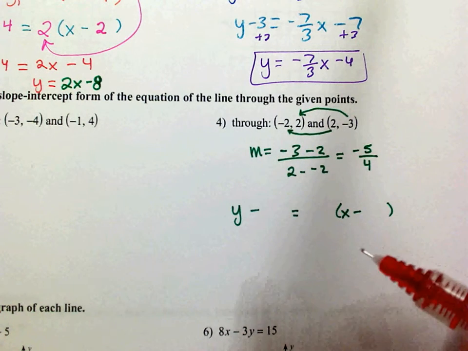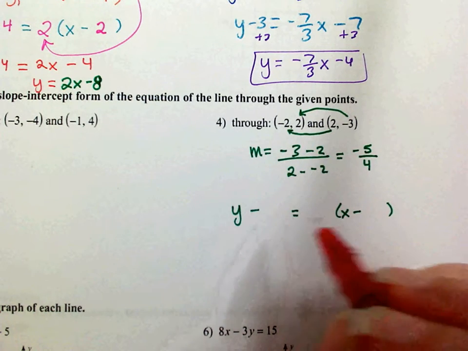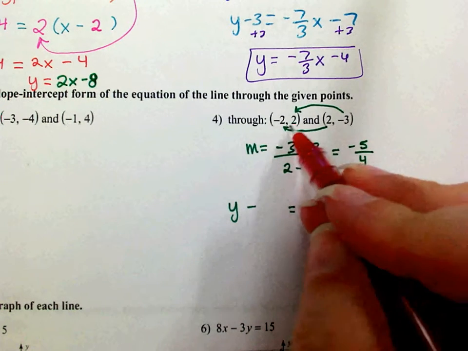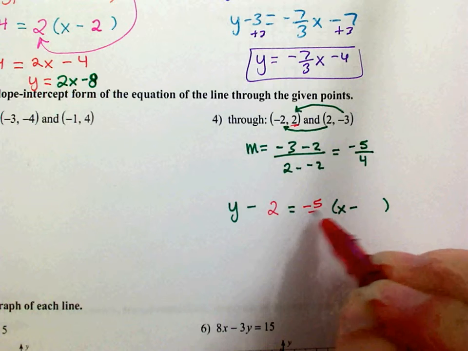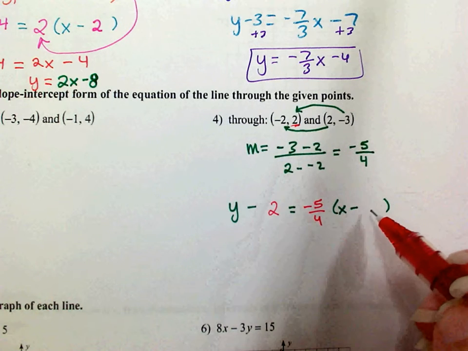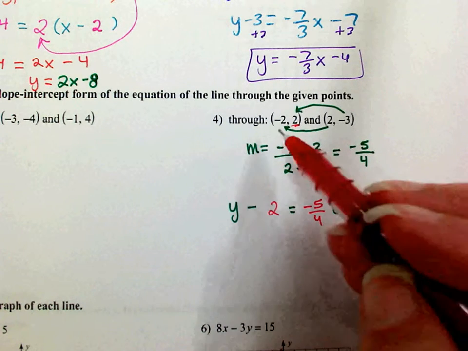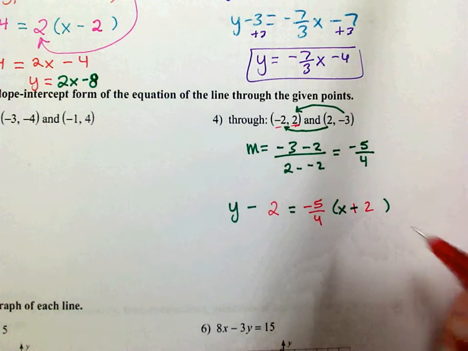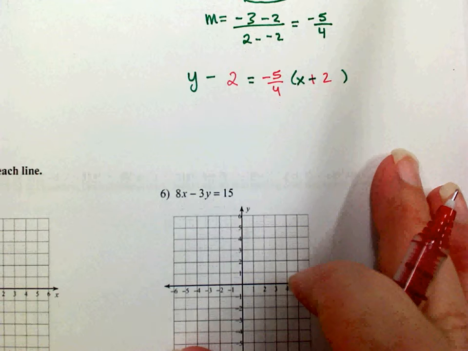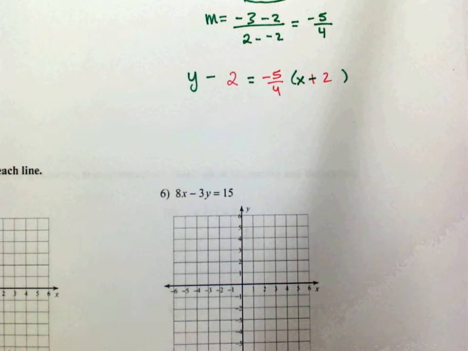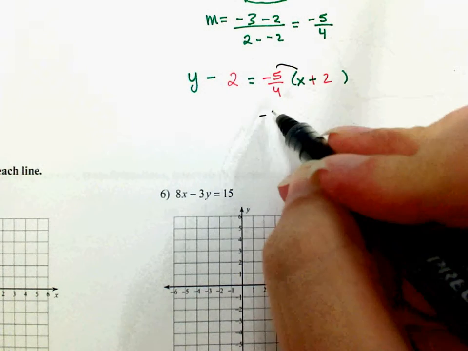Okay, so what goes here? The y value 2. What goes here? Okay, and what goes here? Okay, so plus 2. What are you going to do? Distribute the negative 5/4. So you get negative 5 over 4x.